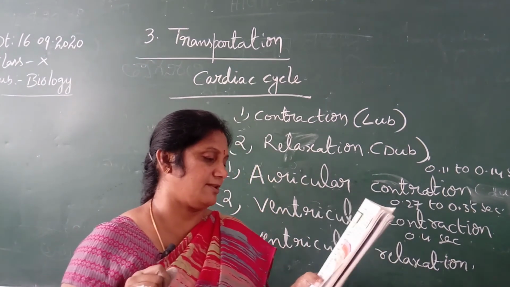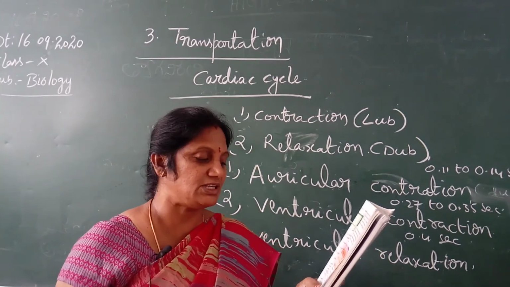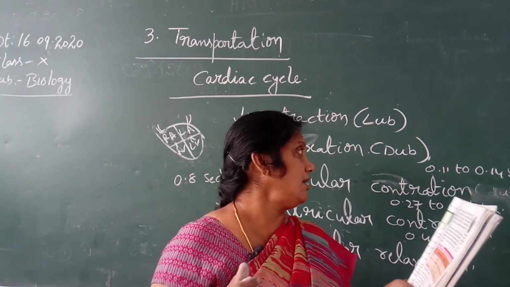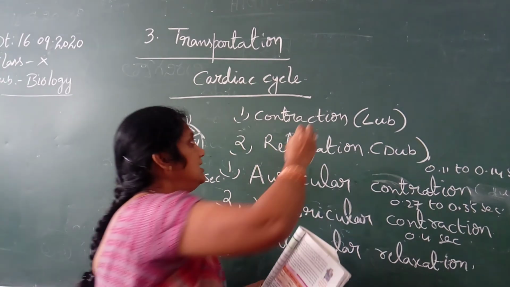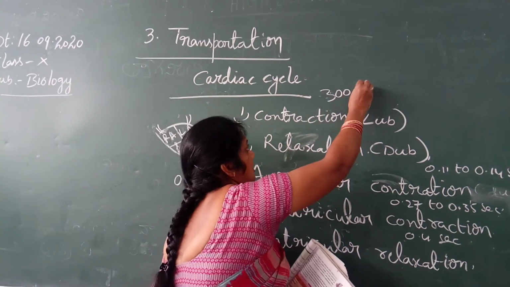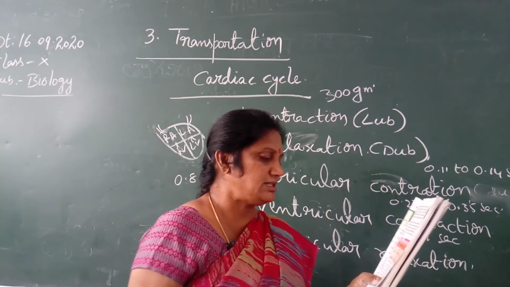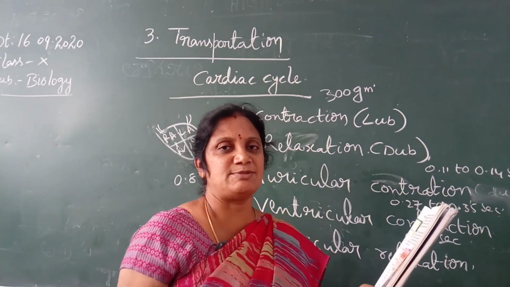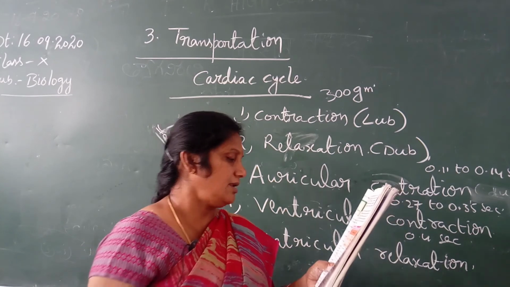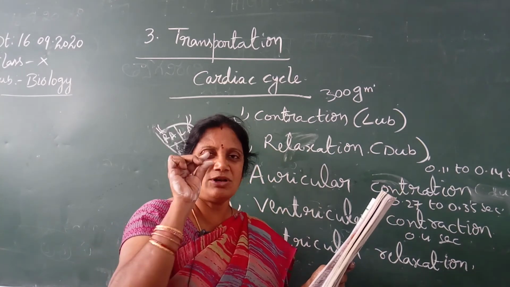For man, our weight will be 60 to 70 kgs, the weight of the heart is approximately 300 grams, and it beats nearly 76 times per minute. Then the coal tit is the smallest bird.